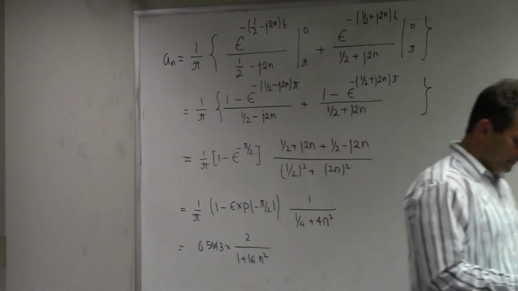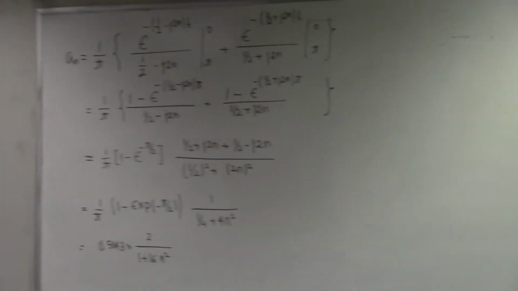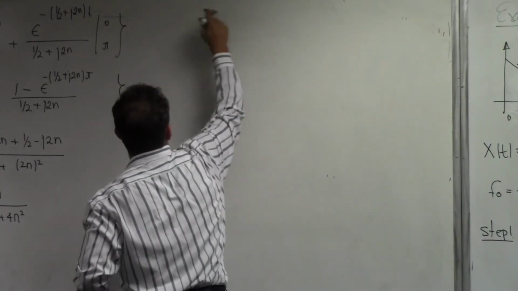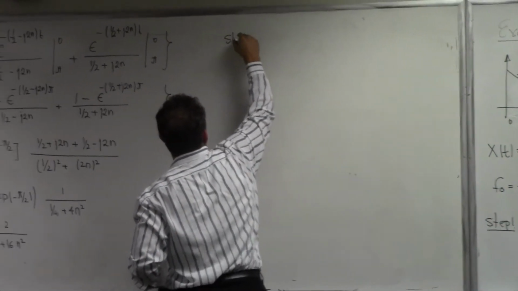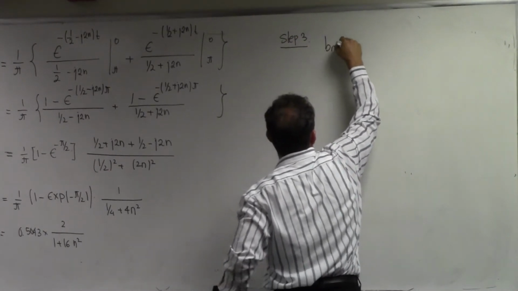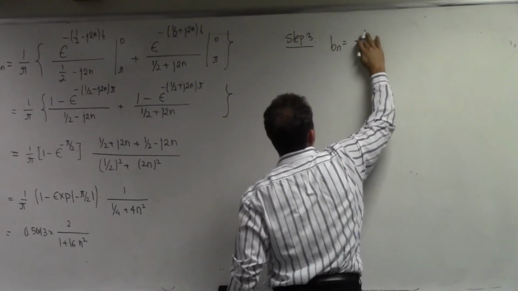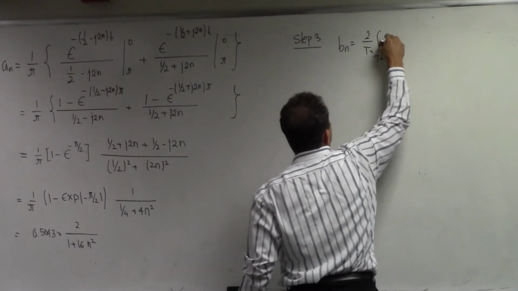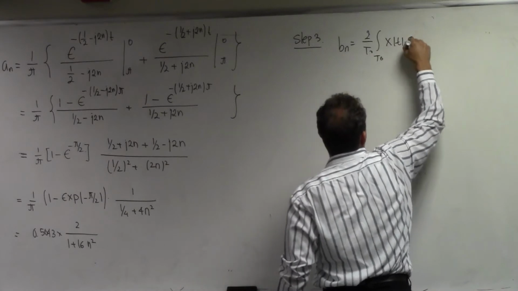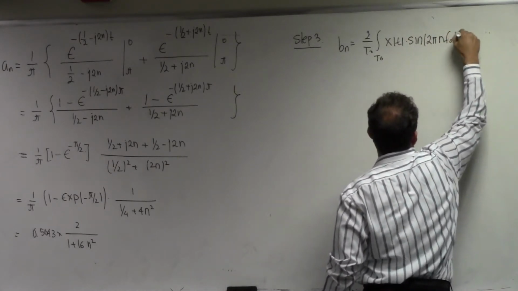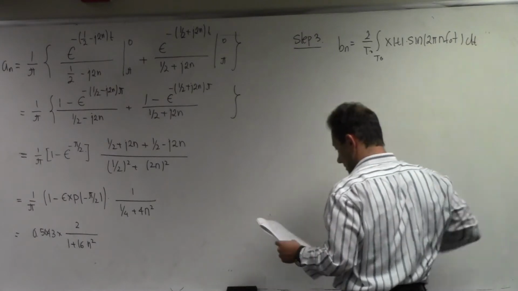And then finally, step 3, this is calculation of the Bn. Bn is given as 2 over t0, integral over t0, x of t times sine 2 pi n f0 t dt.